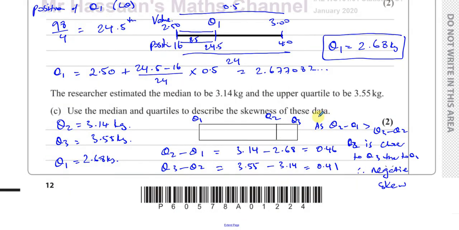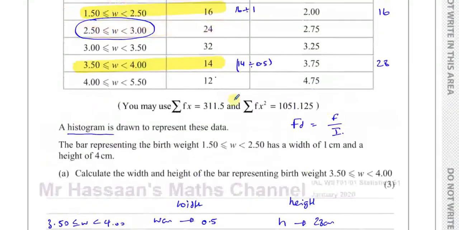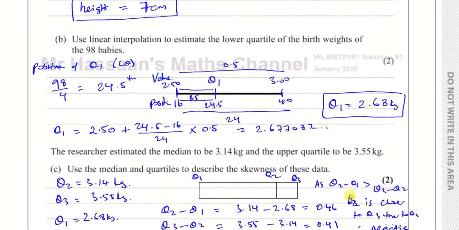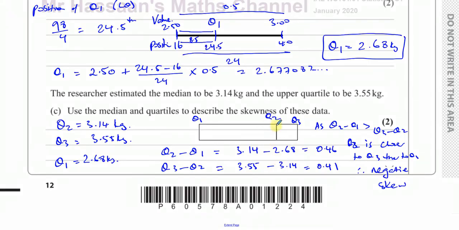I guess if somebody did try to justify it and say there is very little skew, I suppose they could justify it by saying that the difference between Q2 and Q1 and Q3 and Q2 is not so big. They will still probably get the mark for that, because they justified it according to their values.